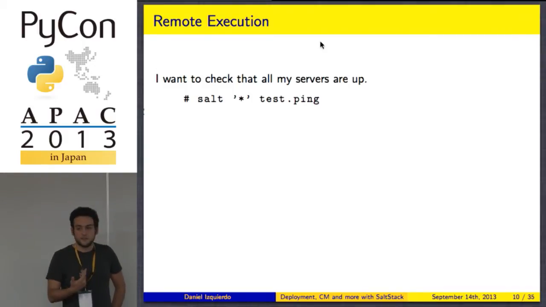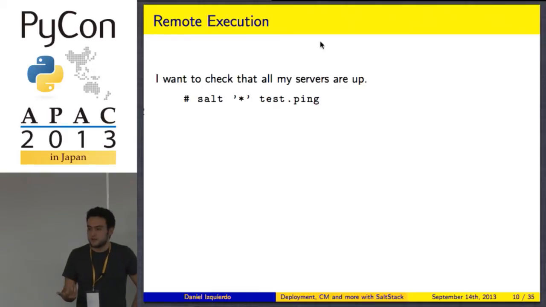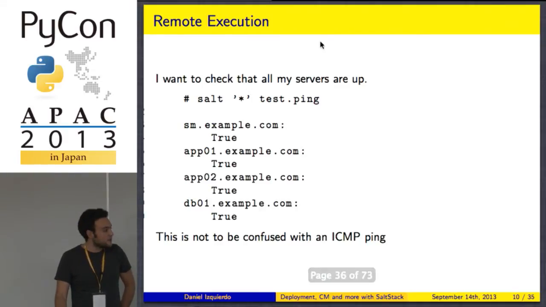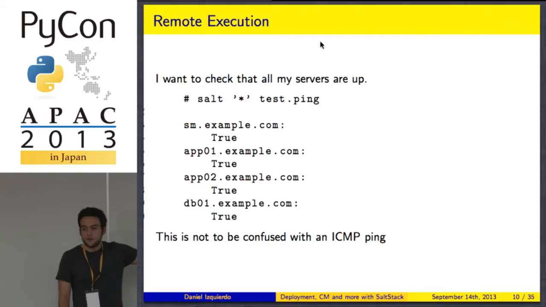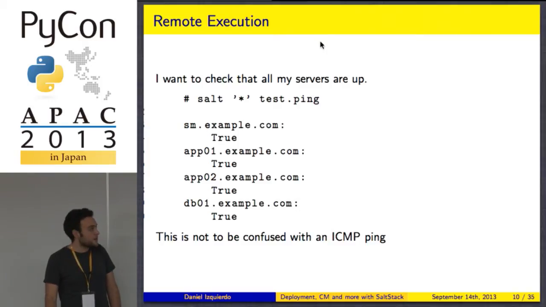This is a function that's defined by Salt, and it runs and basically gives me this result, right? So I here get a reply from all of my available machines, and I get true, which is the result of running this function on all of these machines. So I know these 4 machines are up.